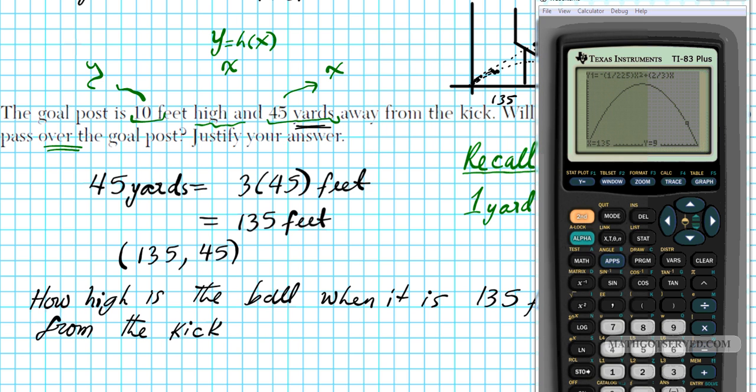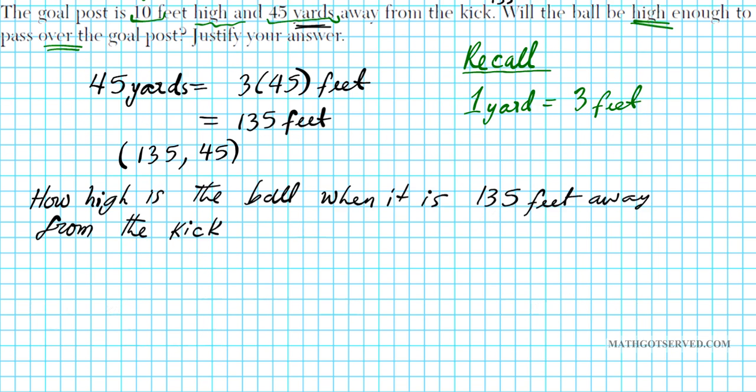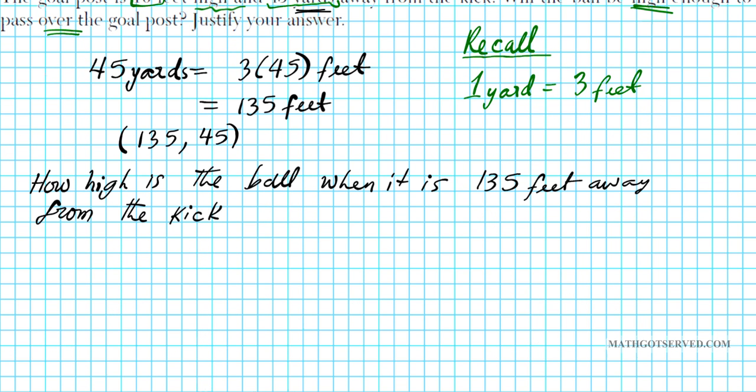Okay, so let's go ahead and justify our answer. Before I write my justification, how high is the ball when it is 135 feet away from the kick? The ball is 9 feet high. Okay, let's make sure we're answering the question.